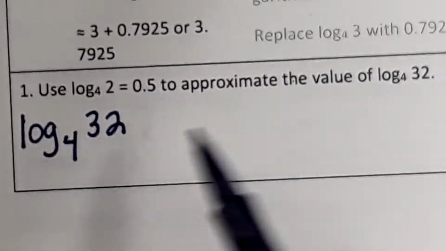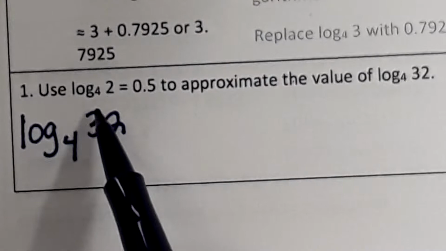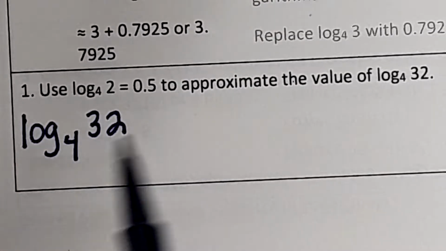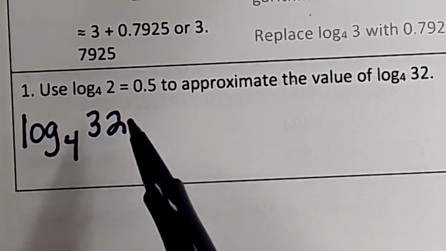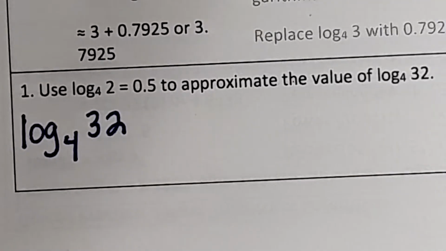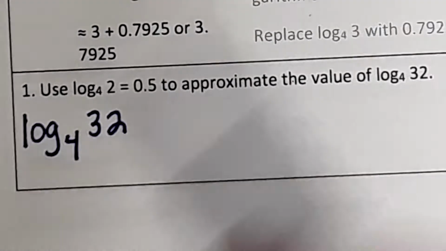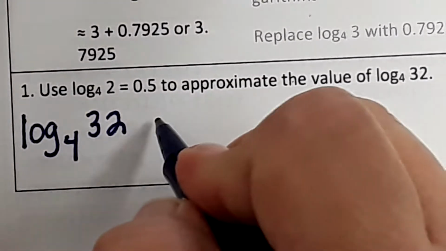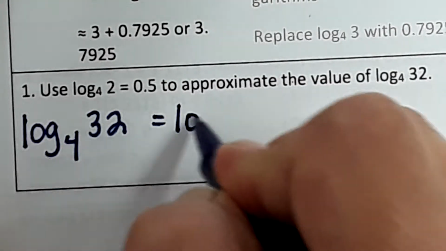Now, look at what they gave us. They gave us log base 4 of 2. So log base 4 can't change. But can I change 32 so that it's a 2? Can I rewrite it so that 32 is a 2? Yeah. So how many 2's do I need? 5. Okay, so we're going to rewrite this.